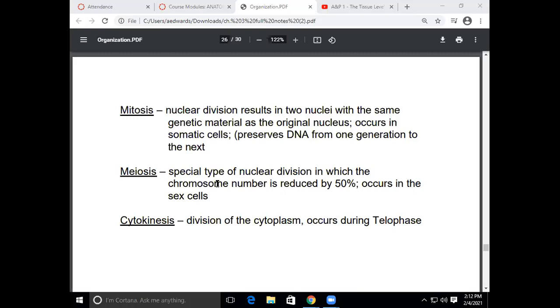We'll get into more of that later. Cytokinesis means you're dividing the cytoplasm, and this typically happens during telophase of the cell cycle.